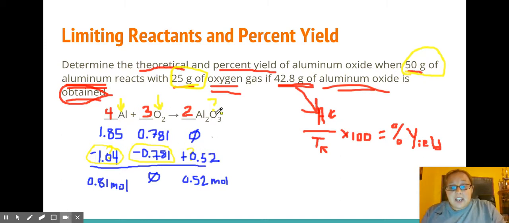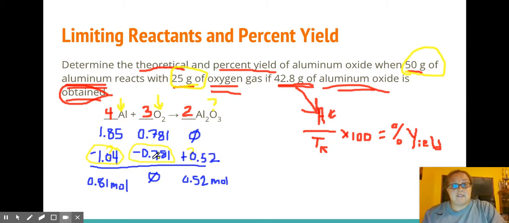Then, to figure out my quantity of aluminum oxide that's being produced during this reaction, how I find that value is, again, take your limiting reactant, because you remember, your limiting reactant dictates how much is going to be used up and how much is going to be produced. So I take that limiting reactant value, divide by the coefficient of the limiting reactant, so 0.781 divided by 3, and then I multiply by the coefficient that I'm trying to get into.